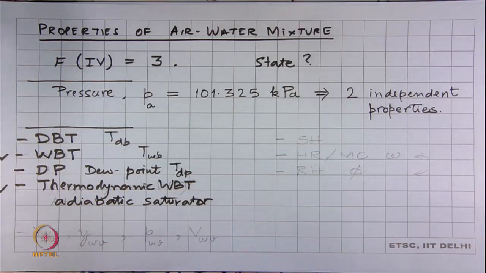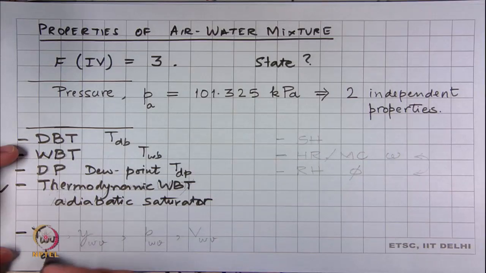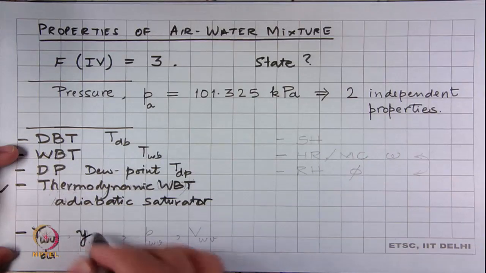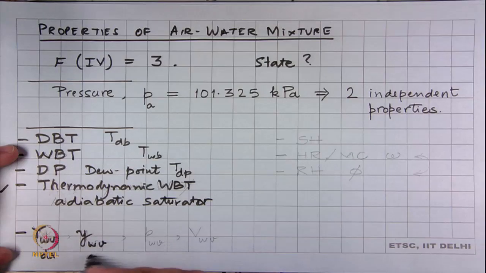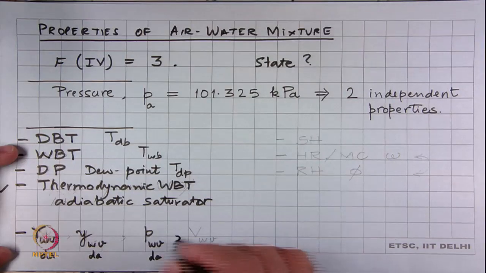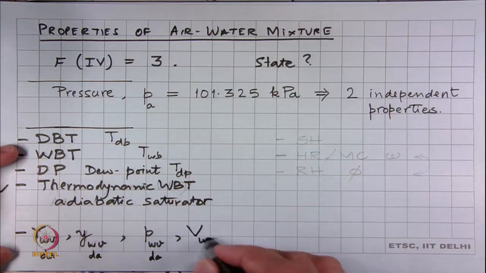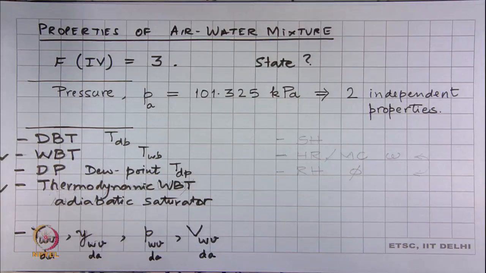Then we came across many properties by which we can quantify the composition of the mixture, which was the mass fraction, say, of water vapor, and similarly for dry air, or the molar fraction for water vapor and dry air, or we could get the partial pressure of water vapor or the partial pressure of dry air, and the partial volume of, say, water vapor or partial volume of dry air.